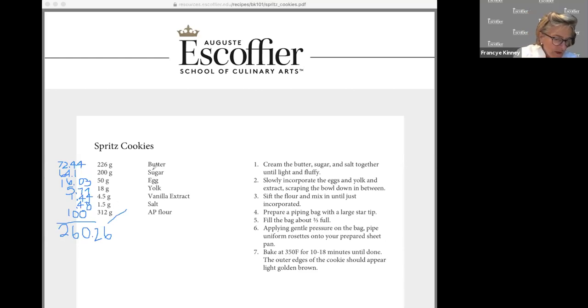So let's add these numbers up. 226 plus 250, 18, 4.5, 1.5, and 312. We get 812 grams.